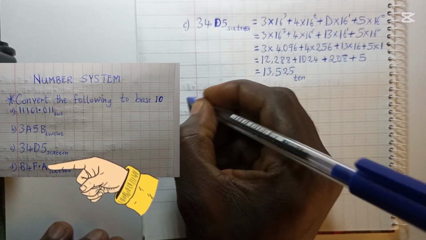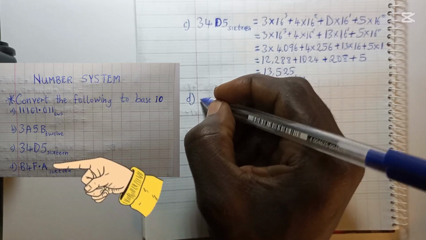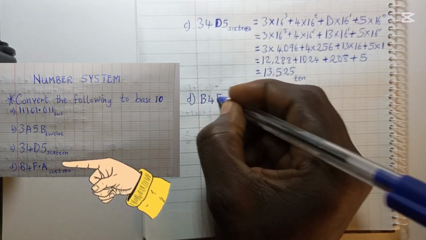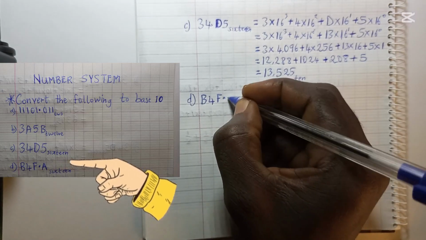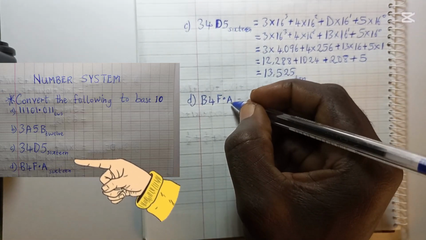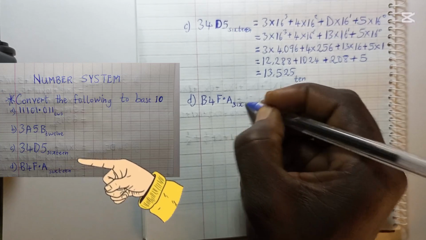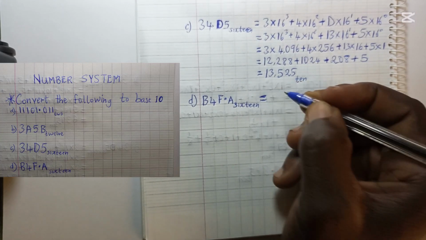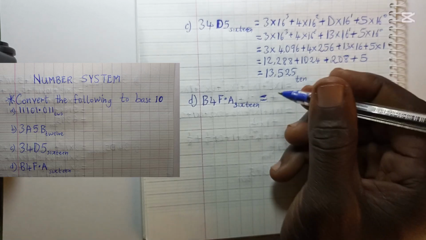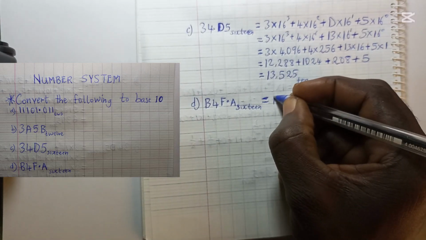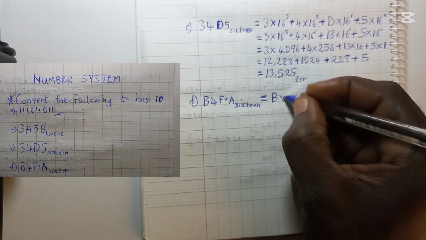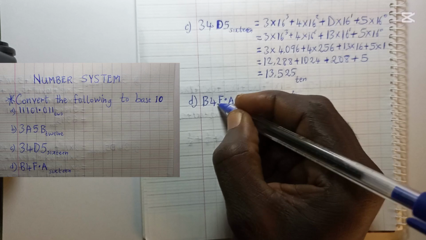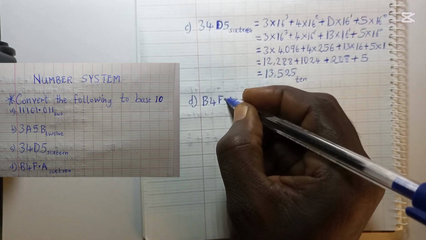And then the D, last but not the least, the D says we should convert B4F.A base 16 to base 10. Again, we continue step by step. We have B times 16 raised to power 2. We have 3 digits. Let's forget about the decimal point for now.